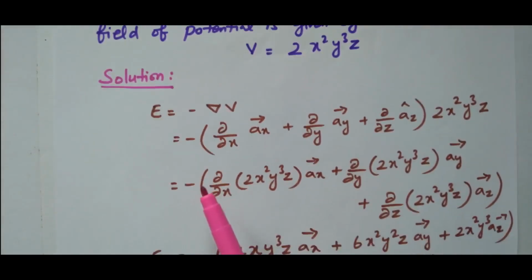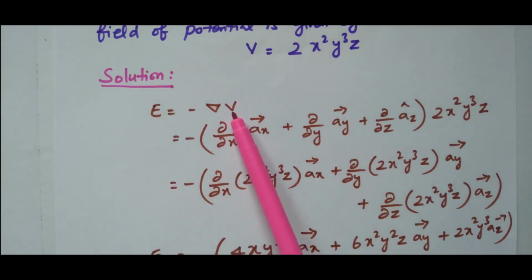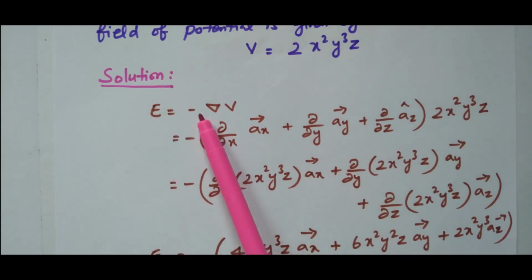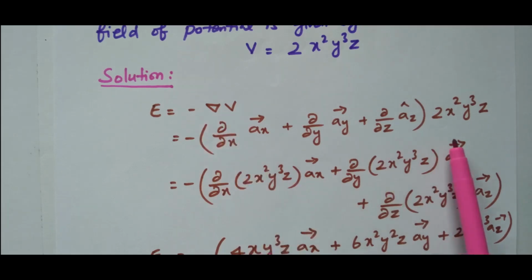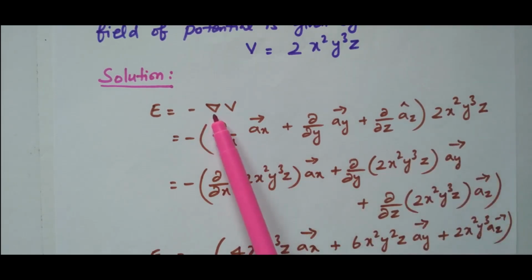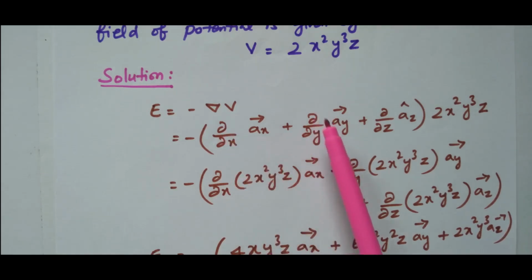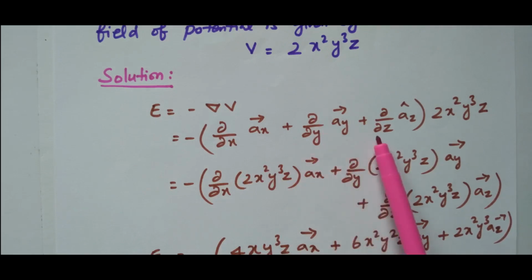So we know the relation E equals minus del V. By using this relation, we can find the electric field intensity from potential. What is del V? The V is nothing but 2x square y cube z, given in the problem. What is the del operator? I already told you it is a partial differentiation: dou by dou x into a_x vector, dou by dou y into a_y vector, plus dou by dou z into a_z vector.